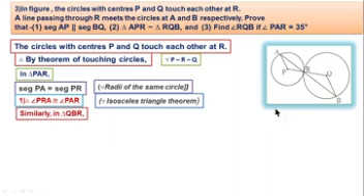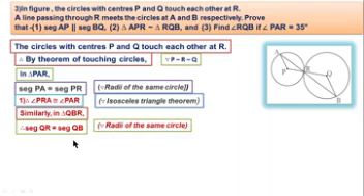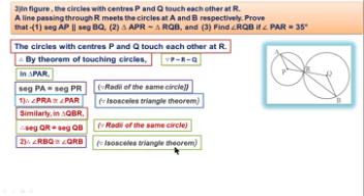Similarly, in triangle QBR, segment QR is equal to segment QB, radii of the same circle. Therefore, angle RBQ is congruent to angle QRB, isosceles triangle theorem. But from statement number 3, angle PRA is congruent to angle QRB.